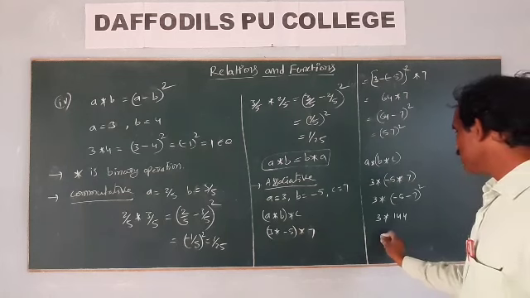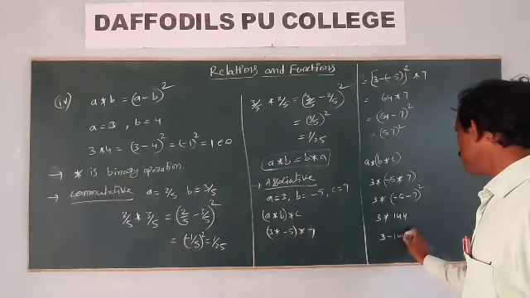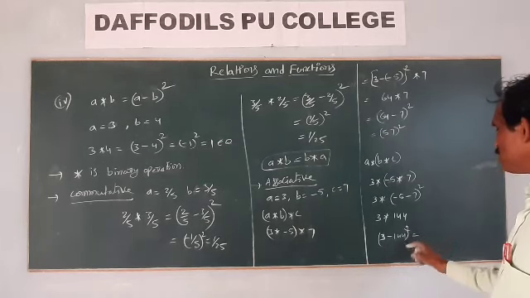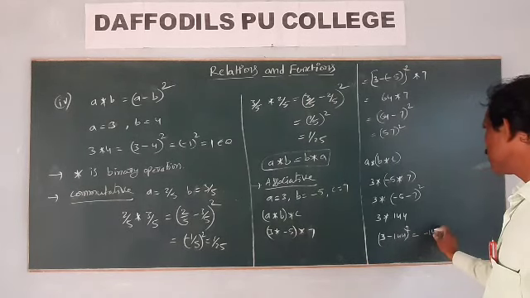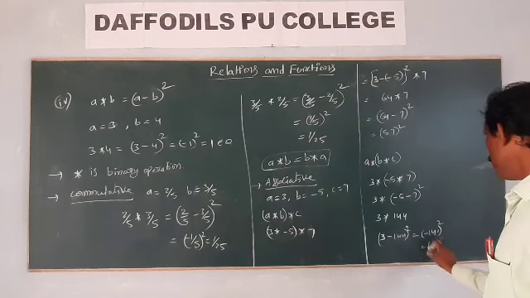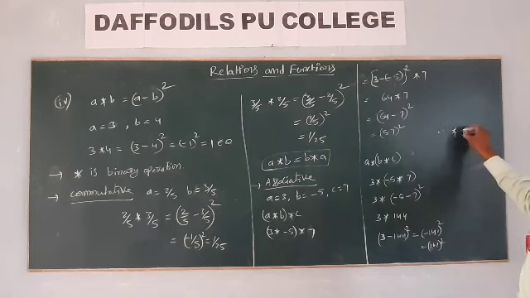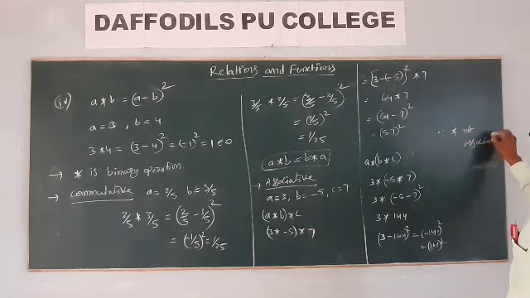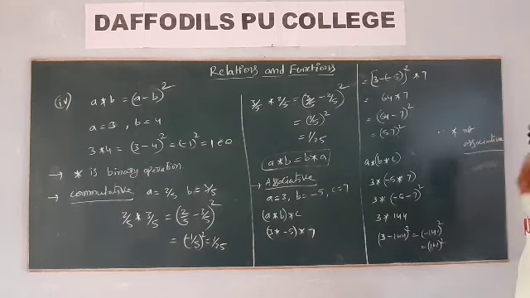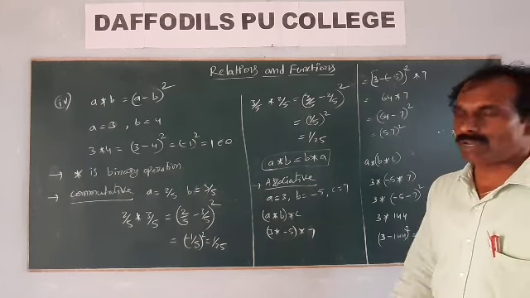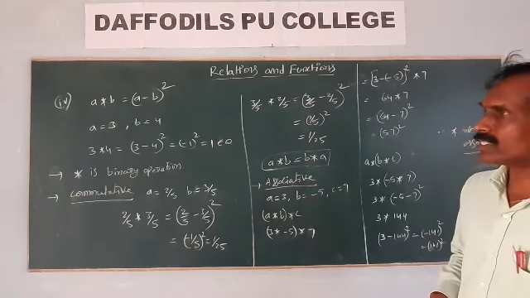This means 3 minus 144 whole square, that implies minus 141 whole square, so that implies 141 whole square. Clearly it is not equal. Therefore, star is not associative. When the operation is commutative, the commutative property is satisfied, but associative is not satisfied.